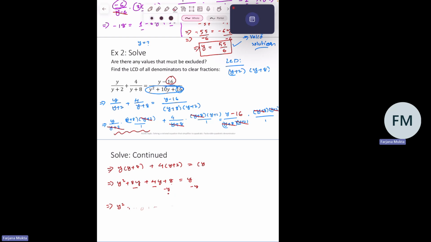It was negative 16, negative 16, so we need to add 16 on both sides. And so our quadratic is y squared plus 11y, and 8 plus 16 is positive 24, equals 0.